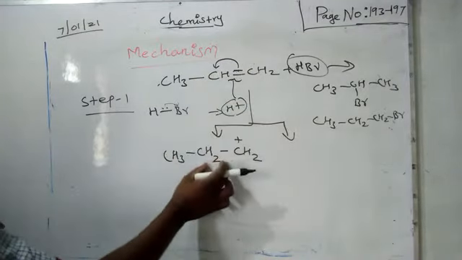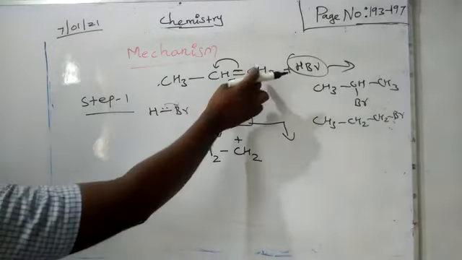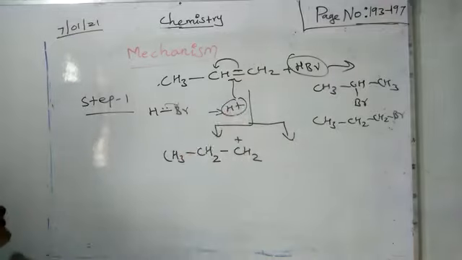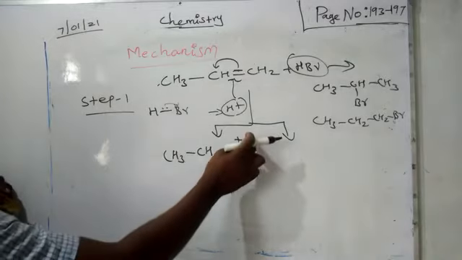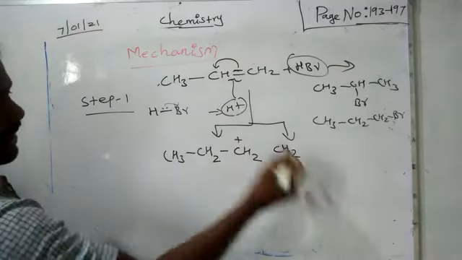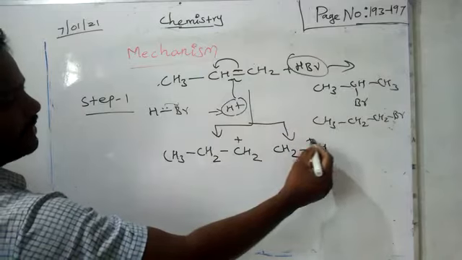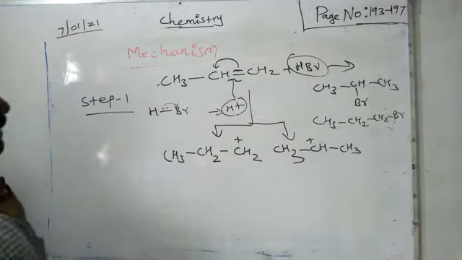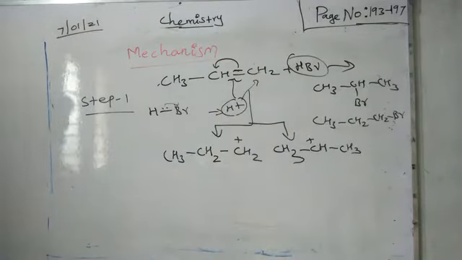So CH2 forms because of the addition of hydrogen to the middle carbon, and because of the loss of this bond, CH2 carries the positive charge. We can say carbocation, carbon with positive charge. In the same way, what is the other type of carbocation possible? The middle carbon may carry the positive charge, and the terminal carbon may absorb the hydrogen. So these are the two carbocations.